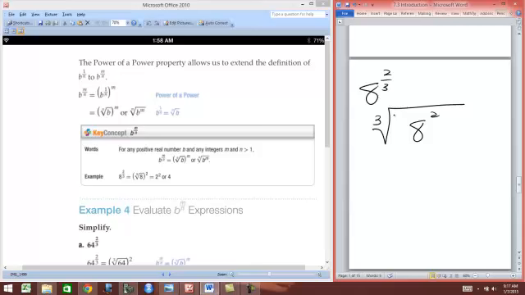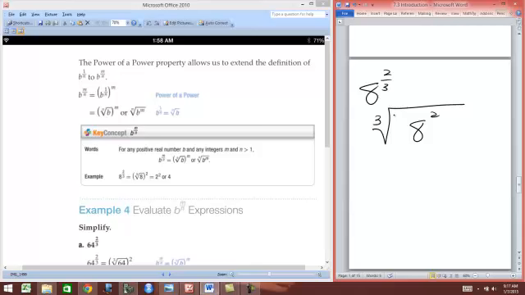Now, this one's pretty easy because 8 squared is 64, and we all know by now that the cube root of 64 is 4, since 4 cubed is 64. In fact, you can't take the square root of 8, so you really have to first square it.